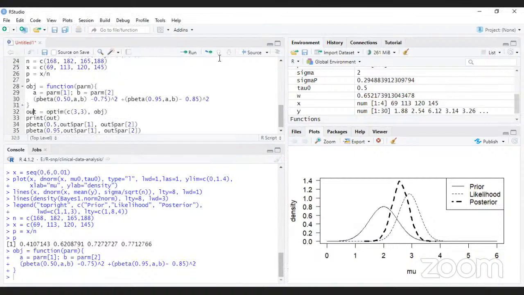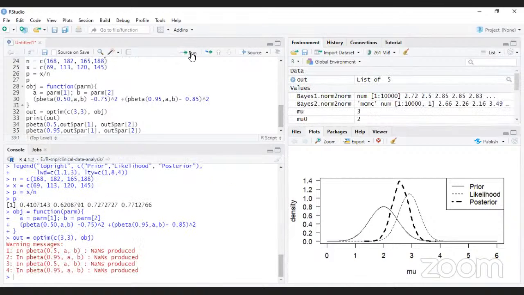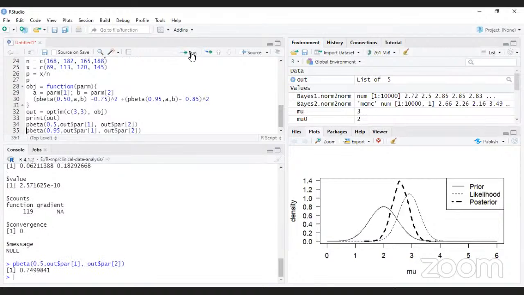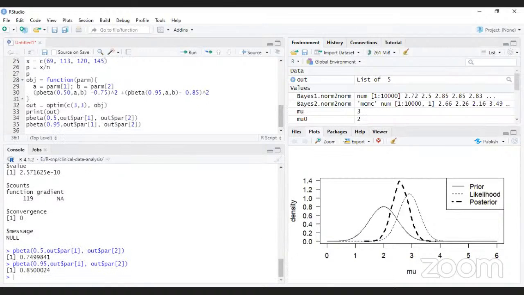So optim with 3,3. Then you are preventing, ignore the warnings. So now you are going for the direct simulation.